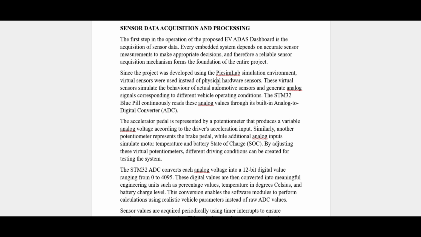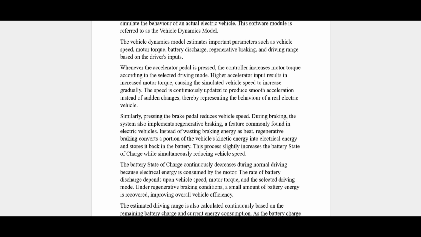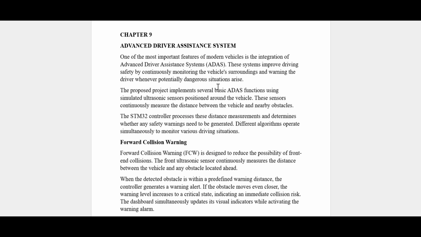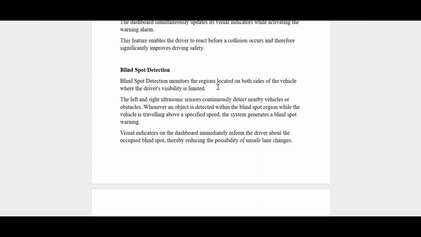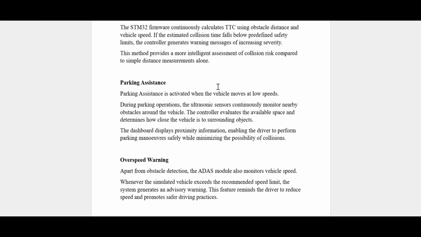Along with vehicle monitoring, the project also implements ADAS features such as forward collision warning, blind spot detection, time-to-collision estimation, parking assistance, and overspeed warning. In addition, a fault detection system continuously monitors abnormal conditions like motor overheating, communication failure, and low battery level, and generates warning alerts whenever required.